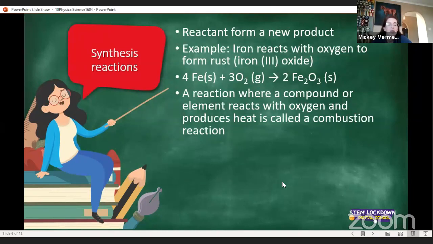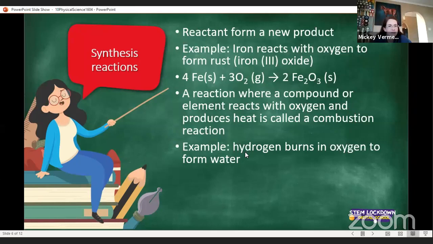But I'm not going to look at respiration because the balancing of respiration is mad. It's crazy. But hydrogen that burns in oxygen is also a combustion reaction. Hydrogen burns in oxygen, it forms water, and it creates heat.